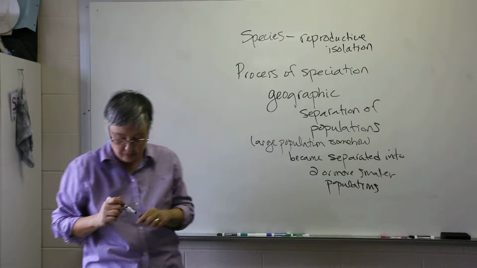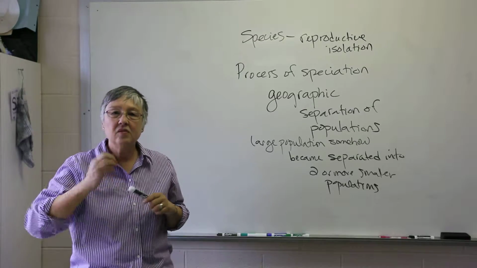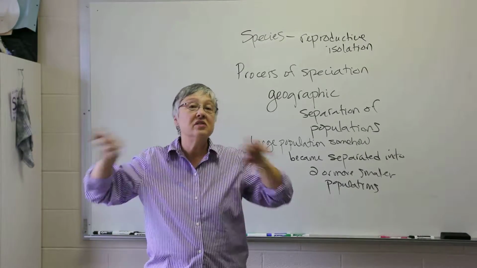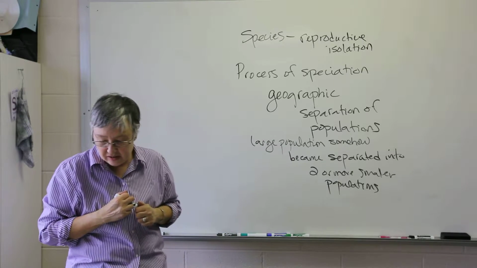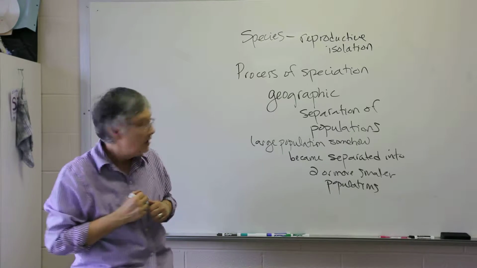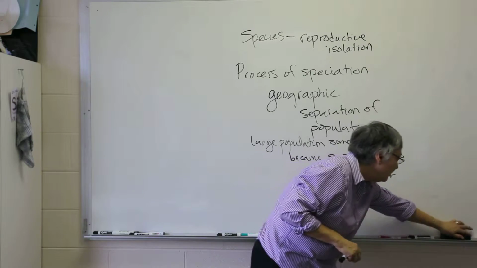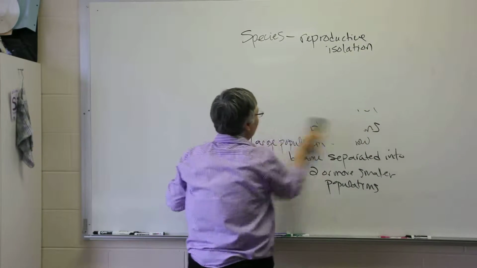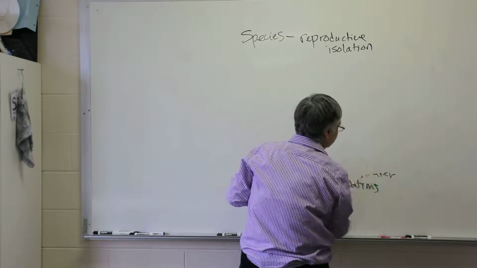So once we have separation, then we can start to develop differences in the gene pool of the 2 populations. So let's take a look at some physical examples of how that could occur.